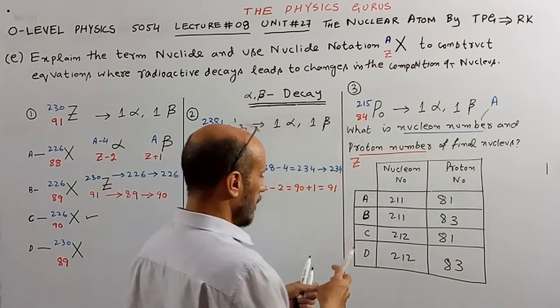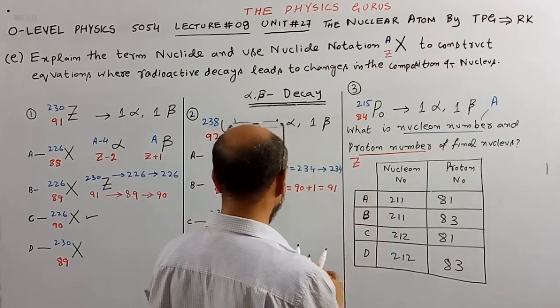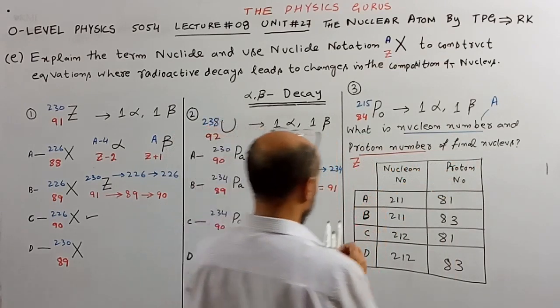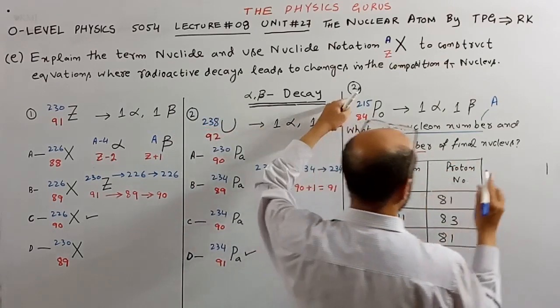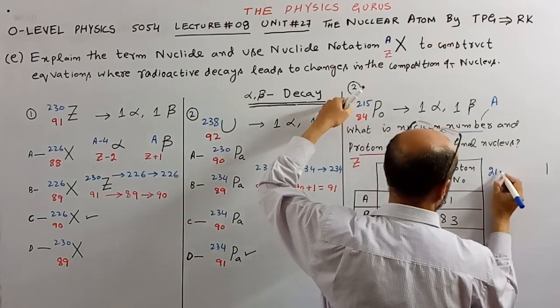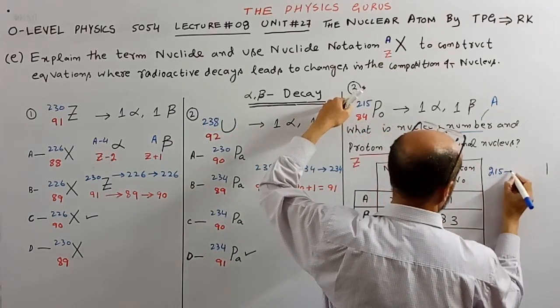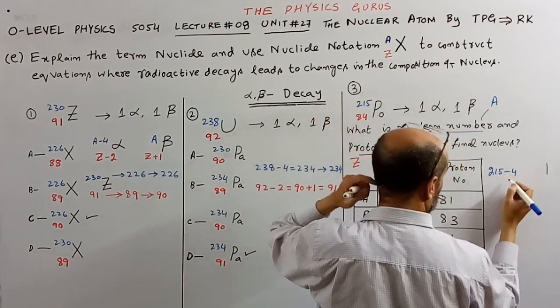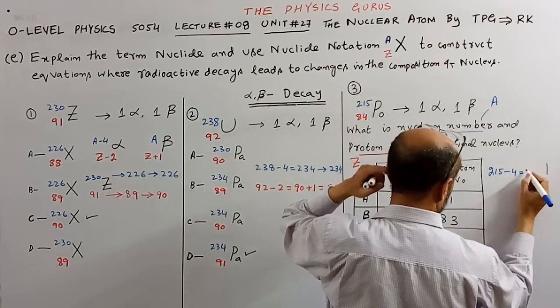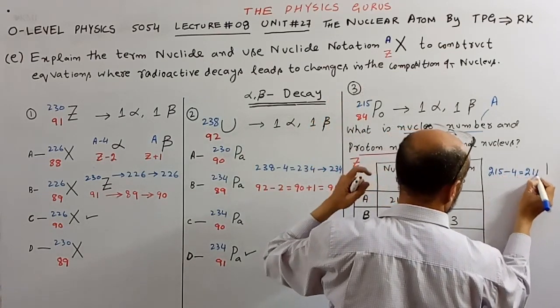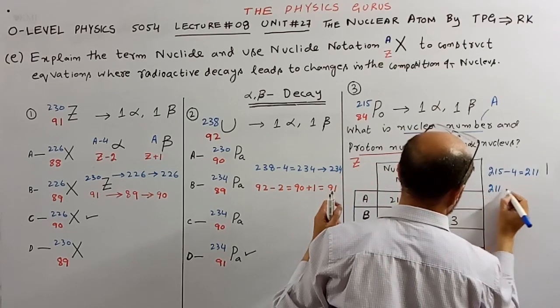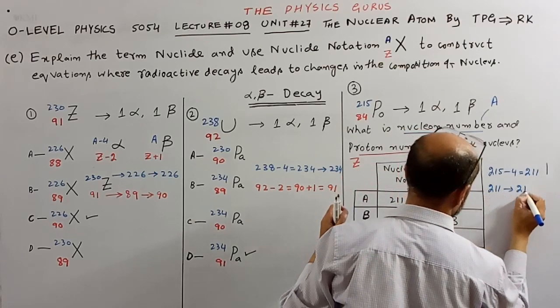We will apply the same formula over here. 215, since it is emitting an alpha particle, the value will be reduced by 4, so it will be 211, and for beta emission the value of A remains as it is.